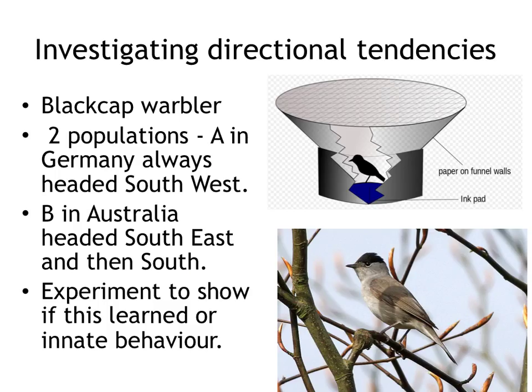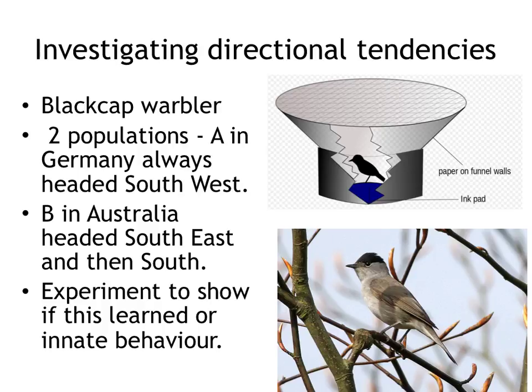Now, another type of experiment that's been carried out is this one here, looking at directional tendencies. In other words, to find out whether it's innate in a bird what direction it's going to head in.